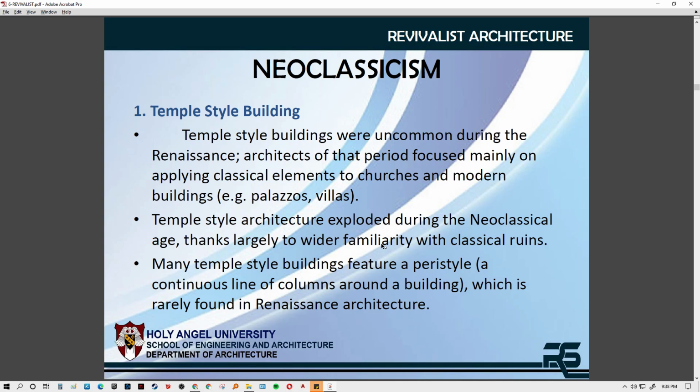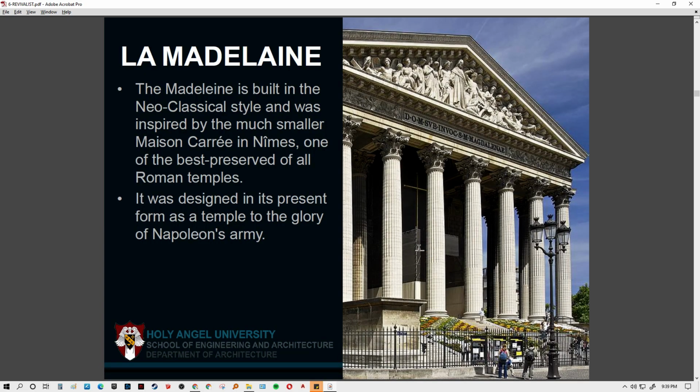This temple style is also adapted, or its design elements also came from the churches, and were used in modern buildings. A good example of this is La Madeleine, which was inspired by a much smaller masonry temple, which will be shown later.